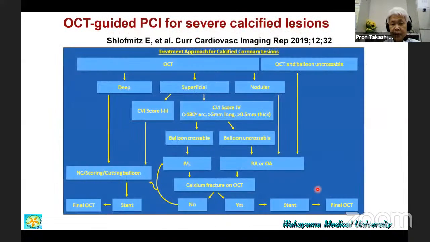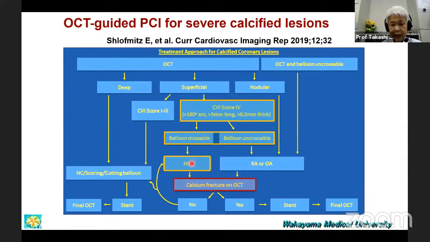And this is one of the recommendations to treat a severe calcified lesion. If you can pass the OCT, it is important to check the score. And if score is 4, you try to cross the balloon. If the balloon is crossable, you can use a shock wave and then make a calcium fracture and put a stent.